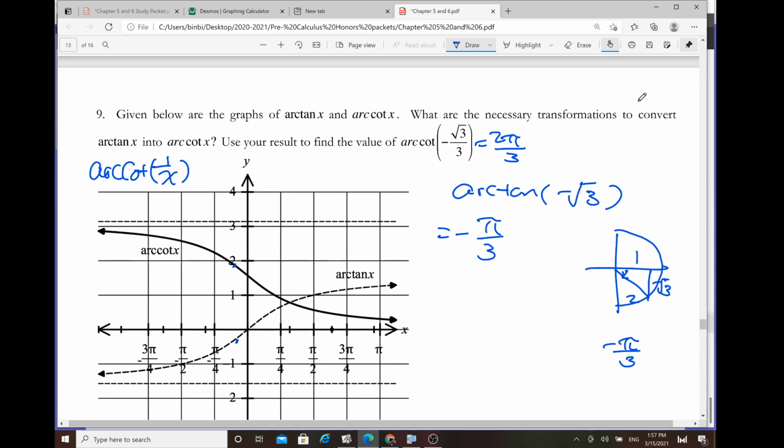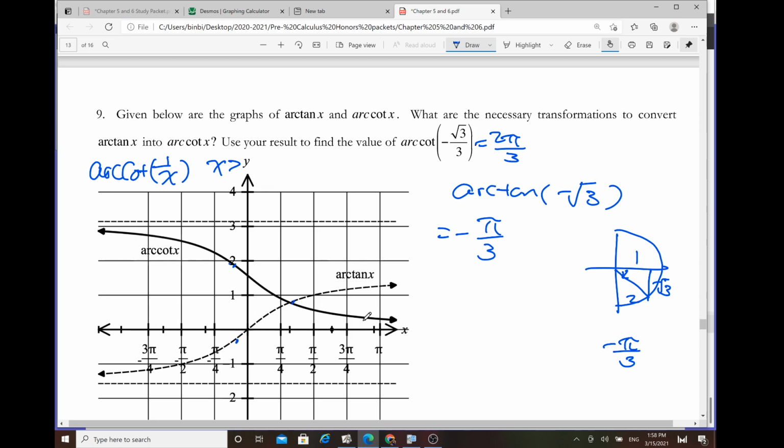If you try to find out the transformations, well, for the positive, we can do that. We can take the reciprocal, like this one right here. But for the other part, if x is less than 0, you don't just want to come up with the reciprocal. So this one, arc cotangent of 1 over x, is for x greater than or equal to the point right here.